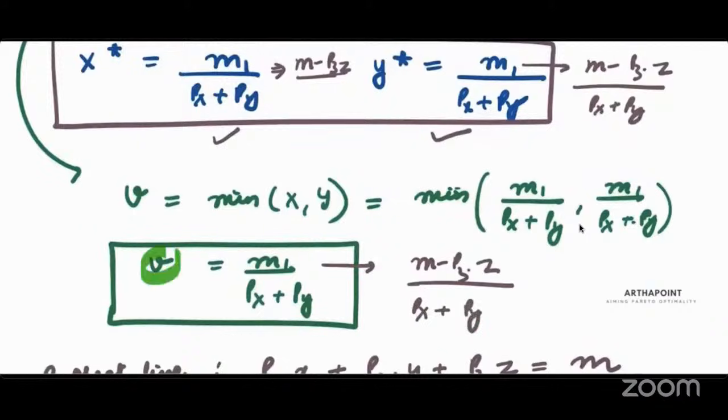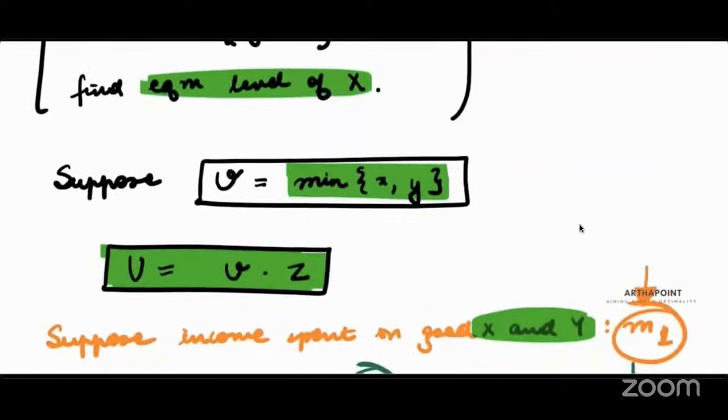Now I have a value of V, which is in terms of M and Z. I will go back to my original utility function and replace this V with that value.